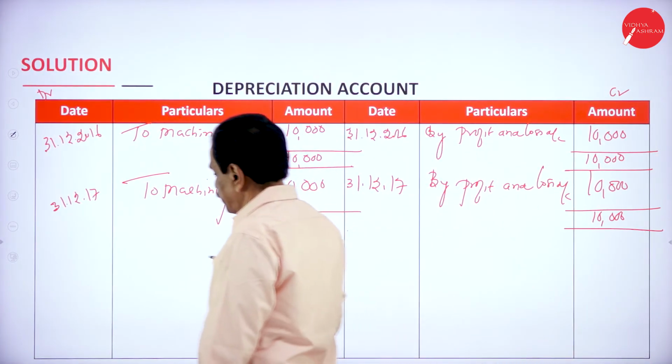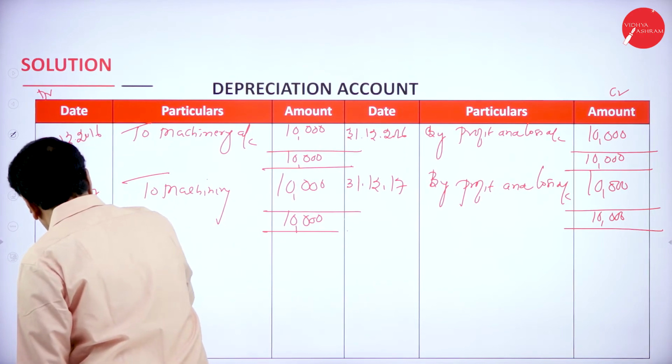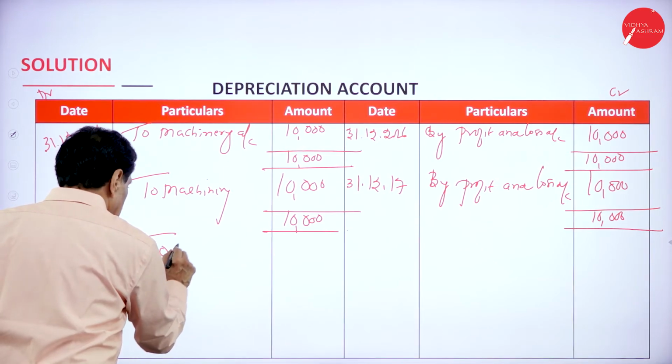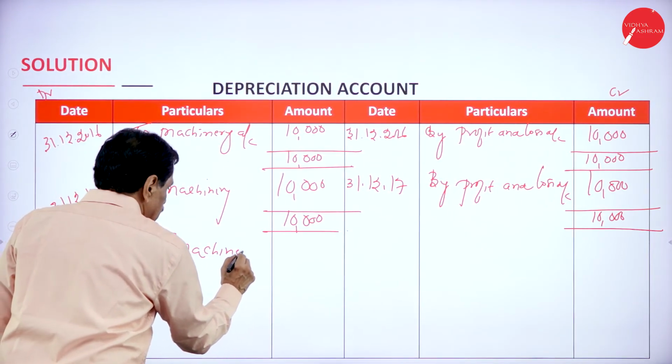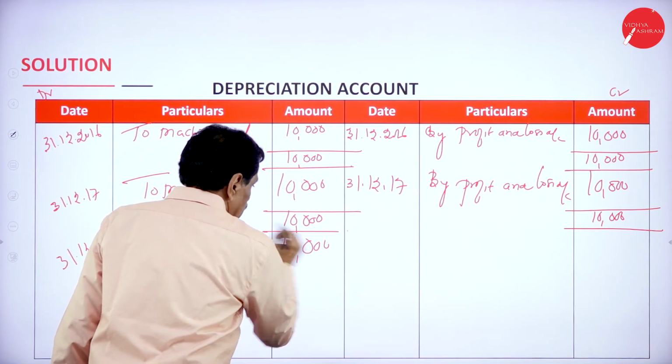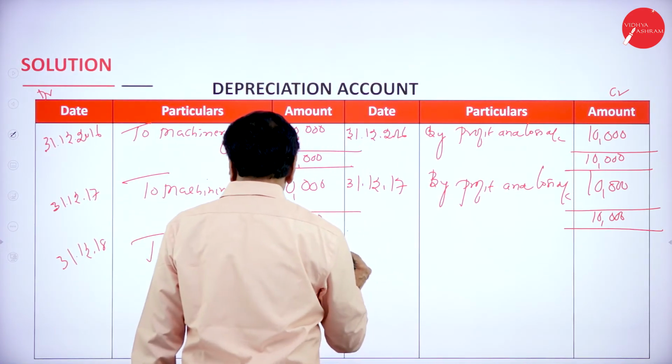Third year, 31st December 2018, to machinery. How much charge? 10,000. Transfer to profit and loss account.